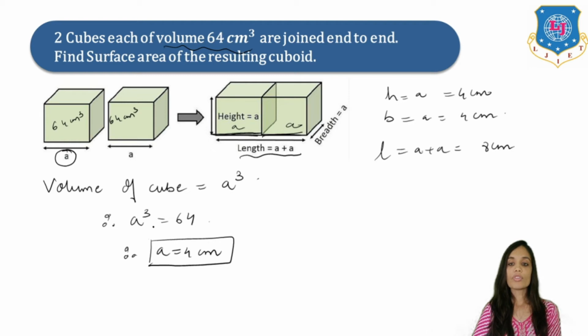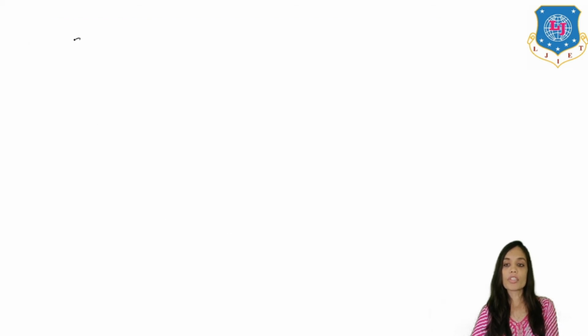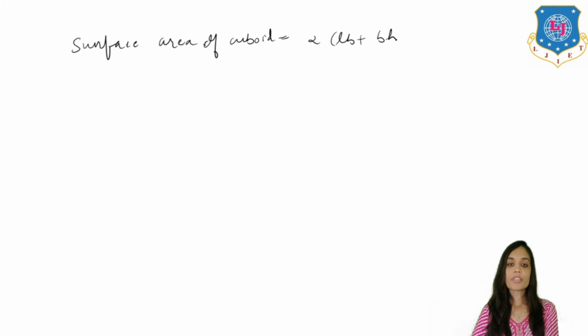So now the surface area of the resulting cuboid will be equals to, we know the formula of the surface area of cuboid, that is 2 into LB plus BH plus HL. Now we all know the values of L, B and H. They are 8, 4, 4.